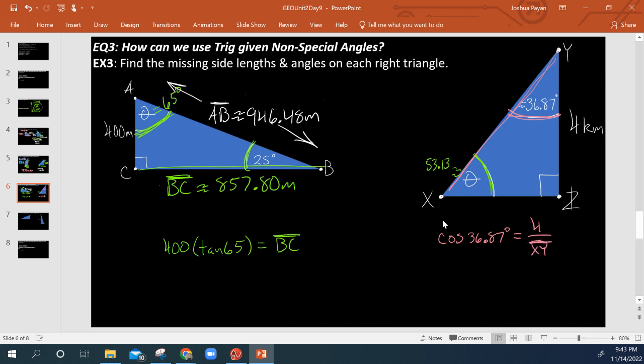Okay, and we just put this all over 1. We end up with XY times the cosine of 87 is equal to 1 times 4, which is 4. Divide on both sides by cosine of 87.